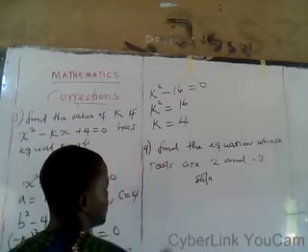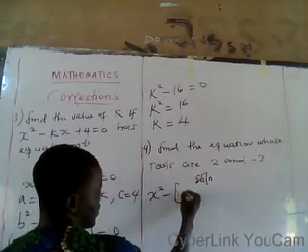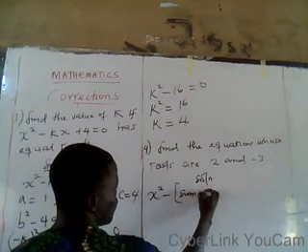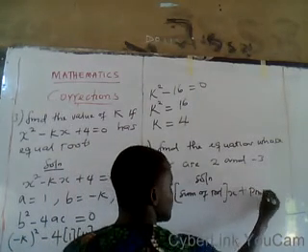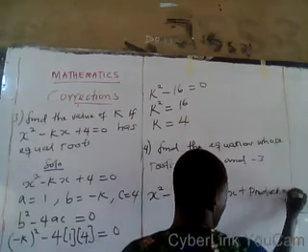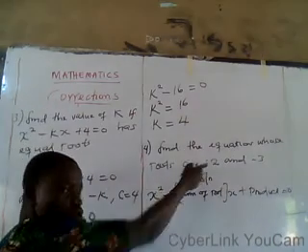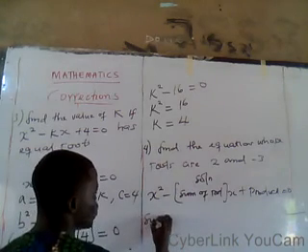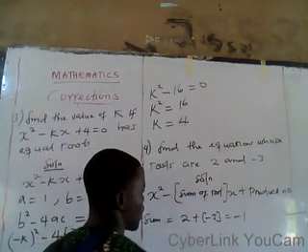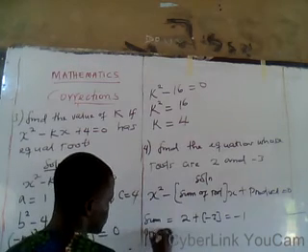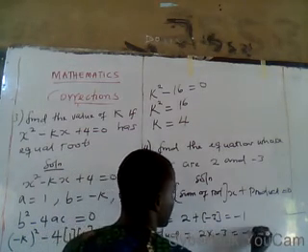The solution is that you know the formula: x squared minus (sum of roots) x plus product equals 0. Since the roots are 2 and minus 3, your sum is 2 plus minus 3, which is minus 1, and your product is 2 times minus 3, which is minus 6.